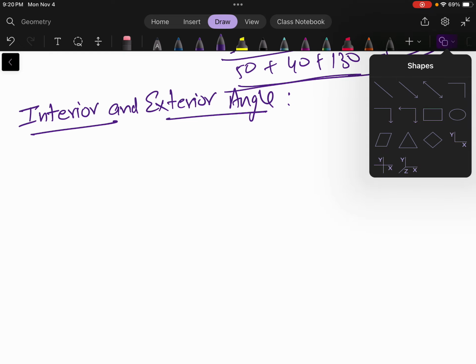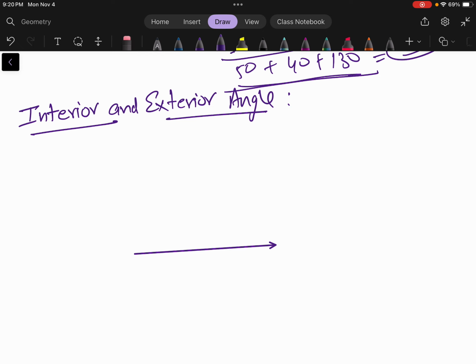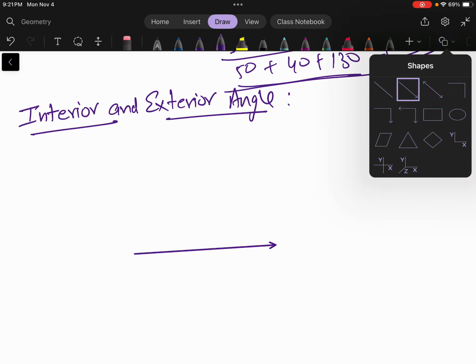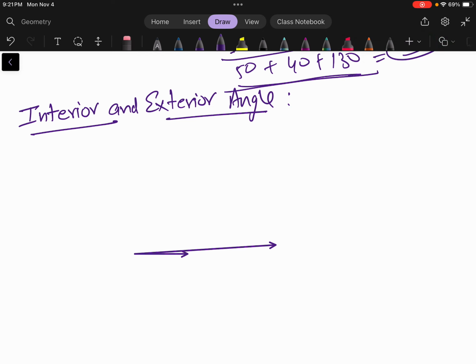So let's create an angle. This is a line, a ray we can say, and this is another ray.